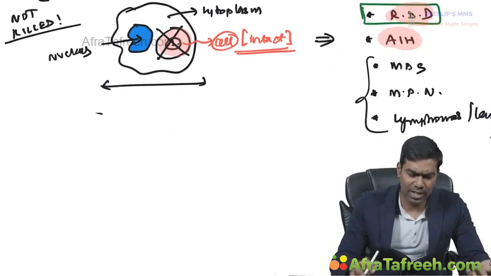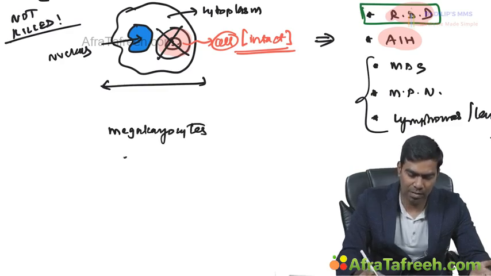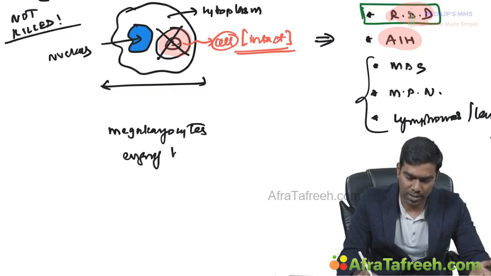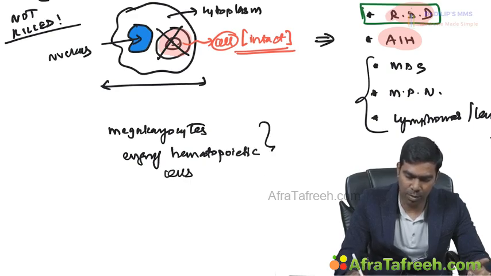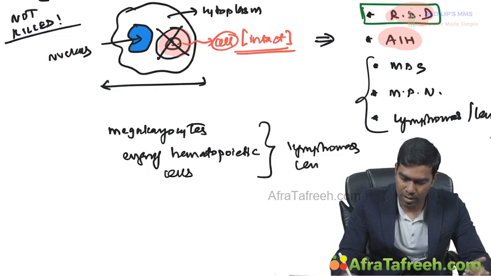Emperipolesis, again, you can see in two areas. One, if the megakaryocytes engulf hematopoietic cells. The megakaryocytes can engulf the hematopoietic cells. This is typically seen in lymphomas, leukemias, myelodysplastic syndrome, myeloproliferative neoplasms.